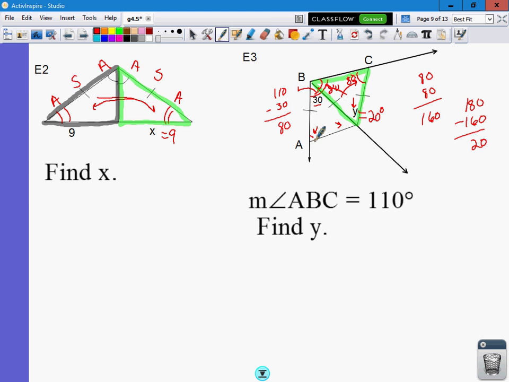These two angles would in fact be the same. I've used up 30, so there's 150 left. And 150 divided by 2, both of these would have been 75 degrees. Everybody good?